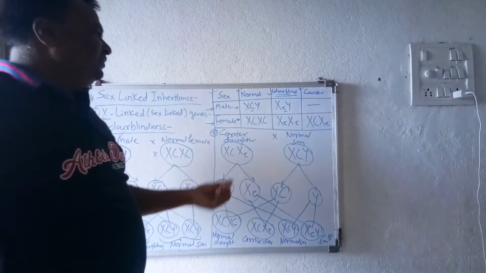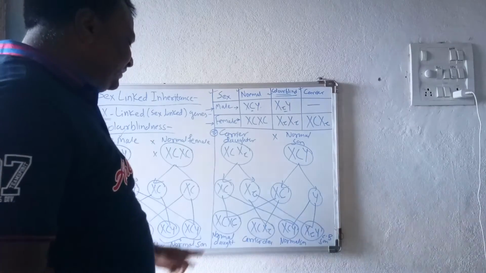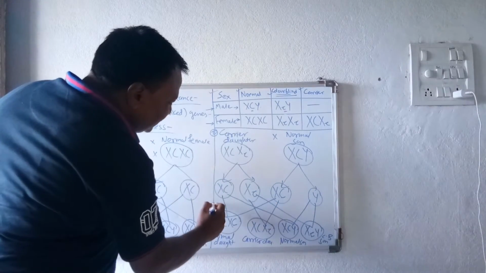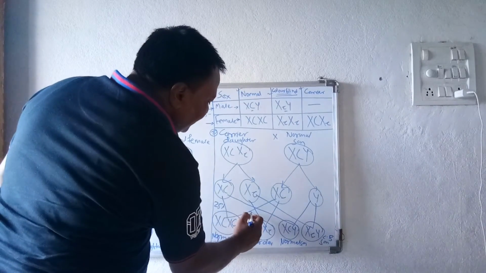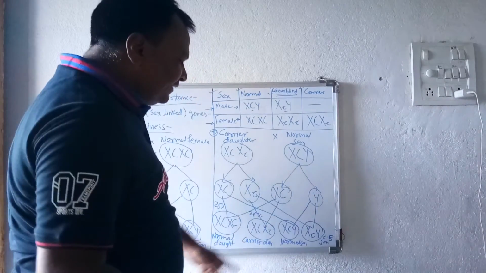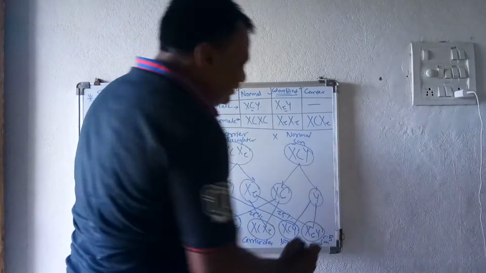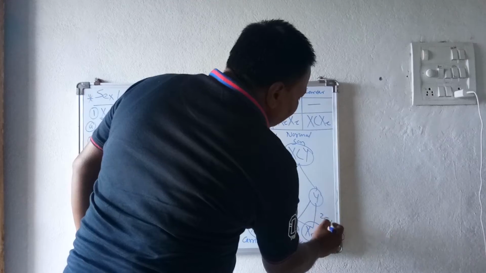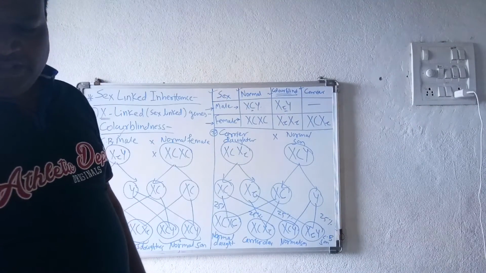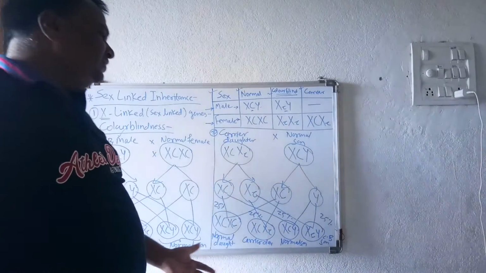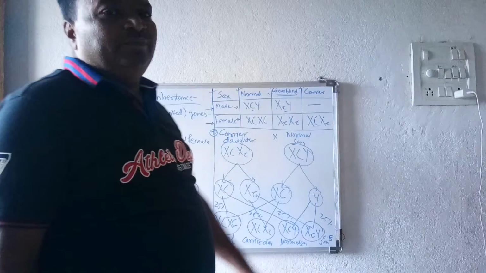So in this cross, when this carrier daughter marries this normal son, 25% of daughters will be normal, 25% daughters are carriers, then 25% sons are normal, and 25% are color blind sons. So in this way, within the second generation, color blindness reappears in the male.